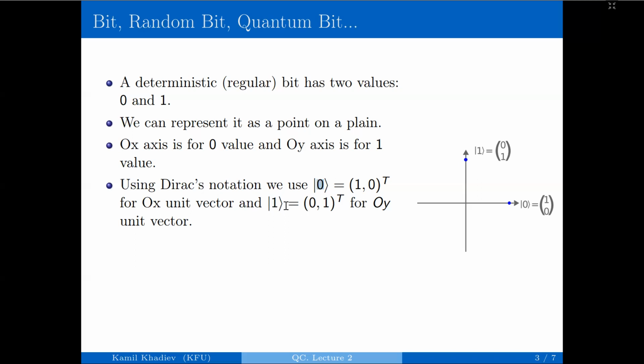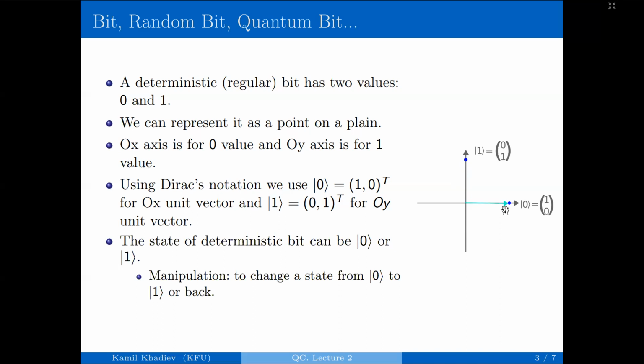What we can do with a deterministic bit is just change its state from 0 to 1. It can be this vector or this vector, and this is the only way we can manipulate it.